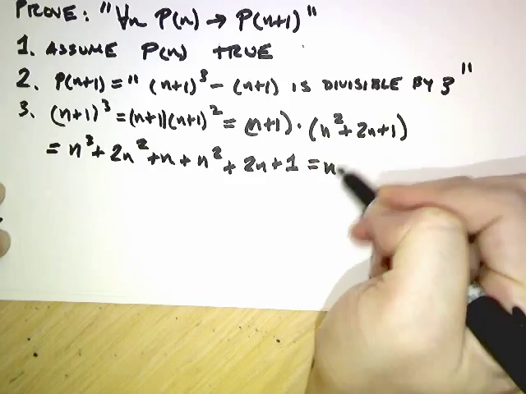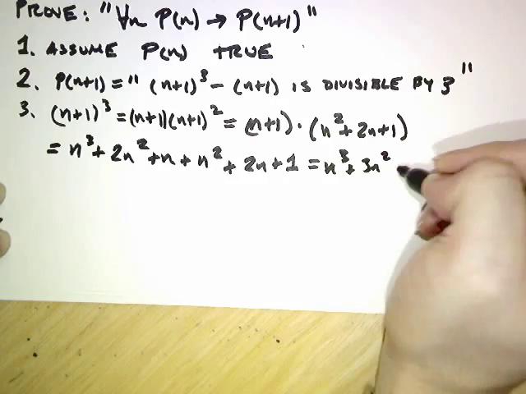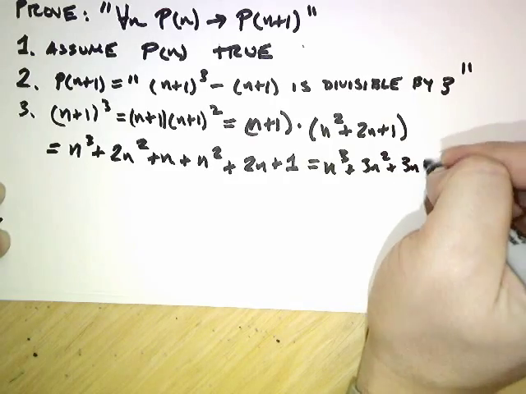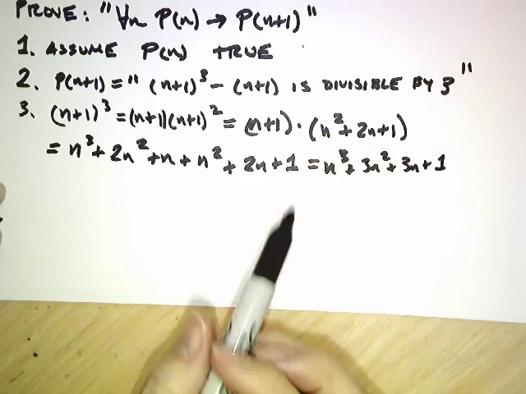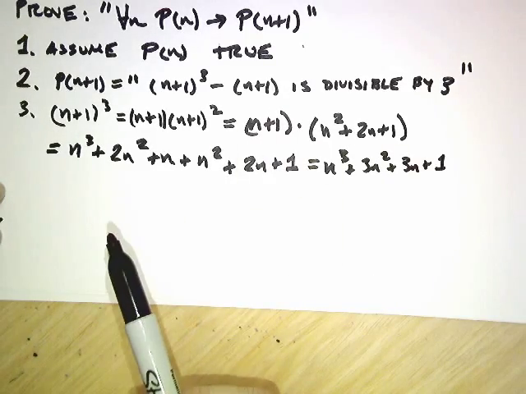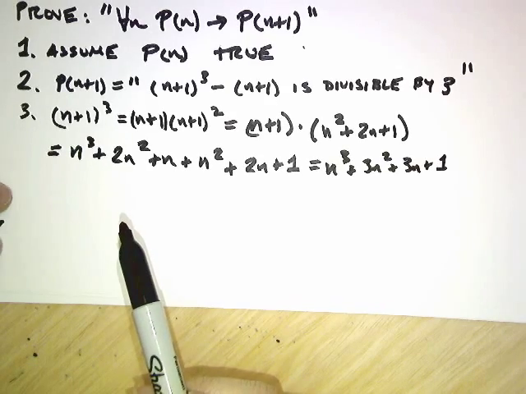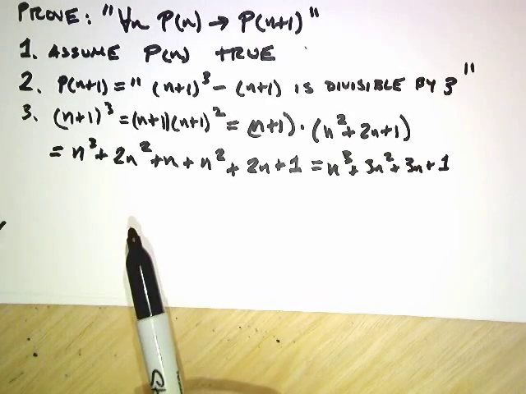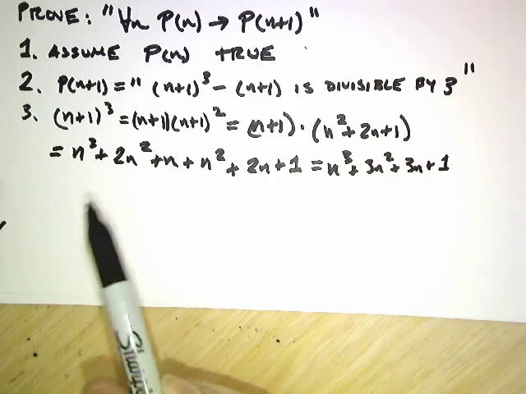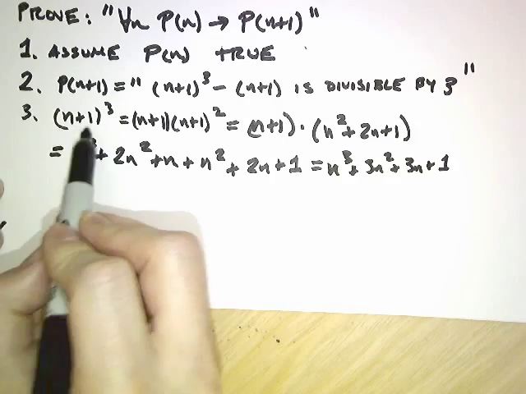And this equals n cubed plus 3n squared plus 3n plus 1. Now if you're having trouble expanding out these algebraic expressions, then you really need to practice them. It's something I'm going to assume that people are okay with and that they've seen in high school and certainly in calculus. Okay, so we just expanded out n plus 1 cubed.